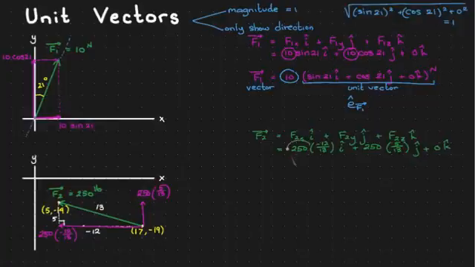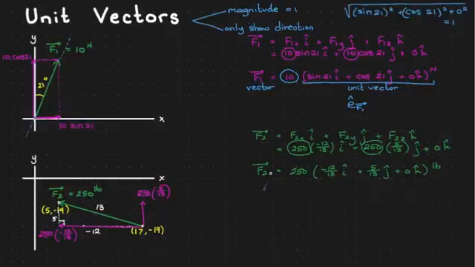I would like to take the two 250s out, and so therefore f2 vector is equal to 250, and all I will have left would be negative 12/13 i hat plus 5/13 j hat plus 0 k hat, and of course f2 is in pounds.